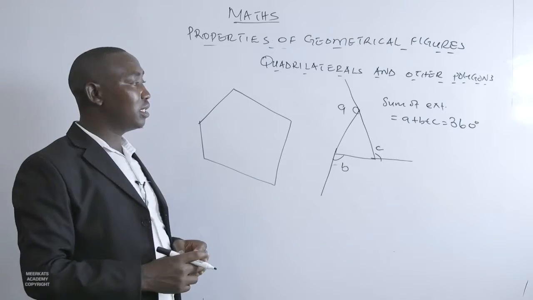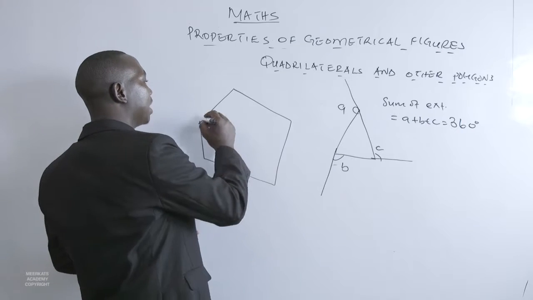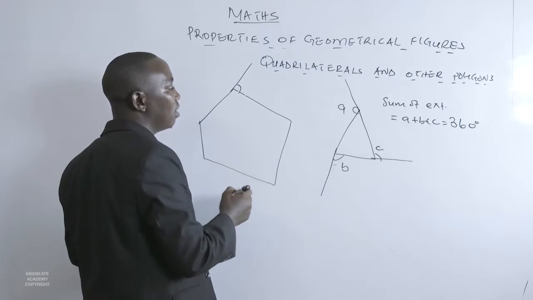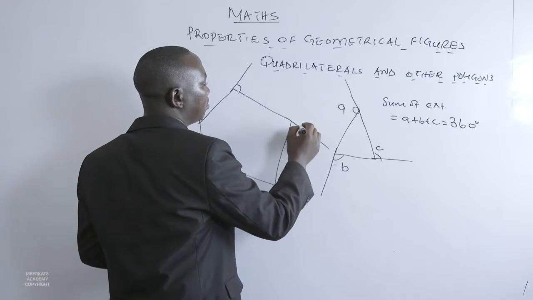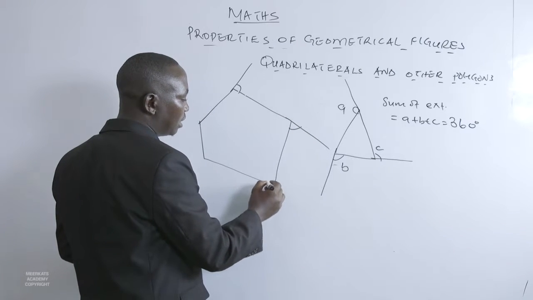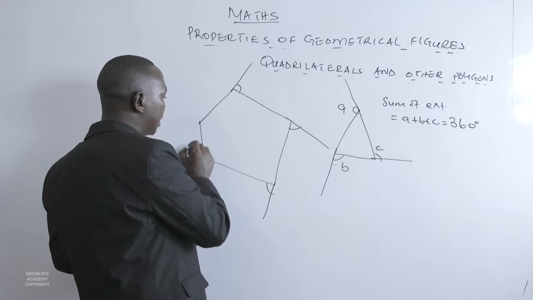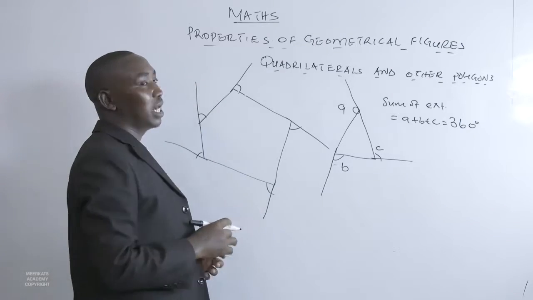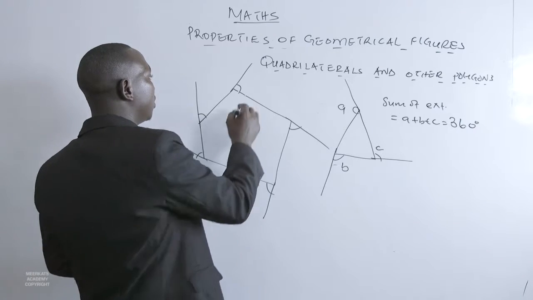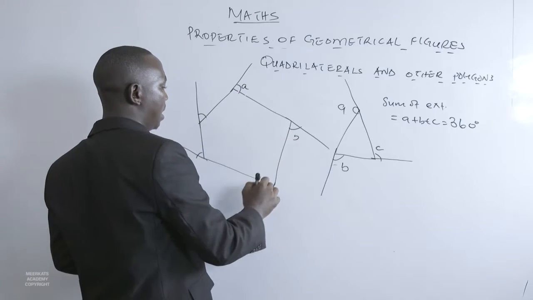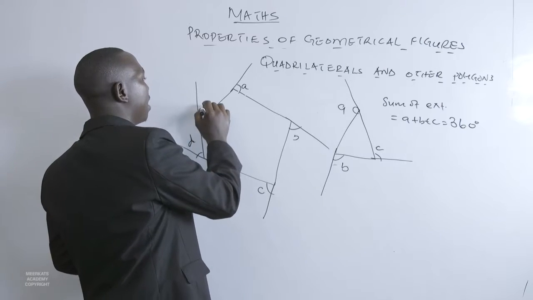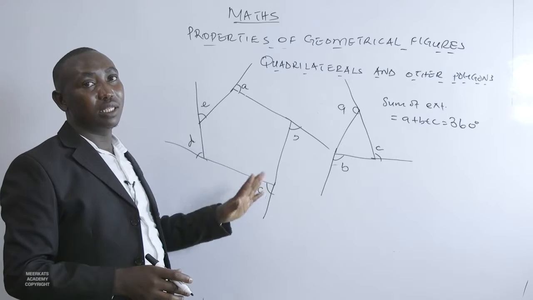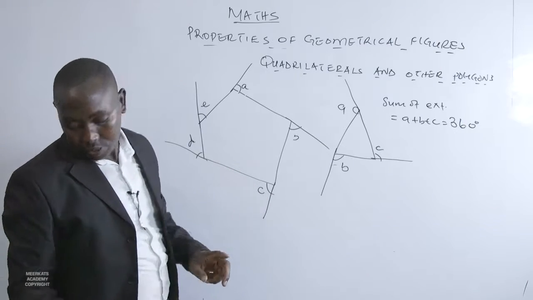Each side forms an exterior angle. So we extend these particular sides, they'll form exterior angles. Extend this side, it forms an exterior angle. Extend this side, it forms an exterior angle. Extend this side, it forms an exterior angle. Extend that side, it forms an exterior angle. So given that this is A, B, C, D, and E, those particular angles will be referred to as exterior angles.